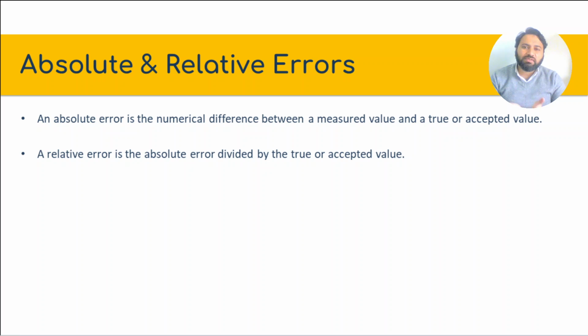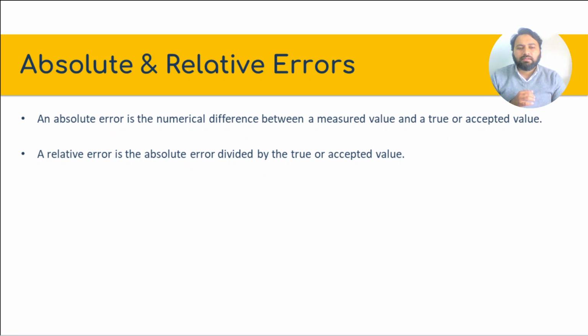That is the error. So what is relative? Relative is the absolute error divided by the true value. This is the percentage value which we have gone through in the first slide.